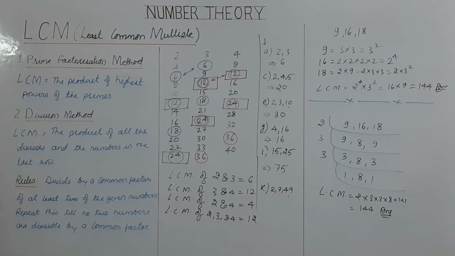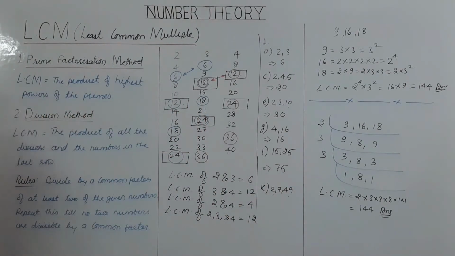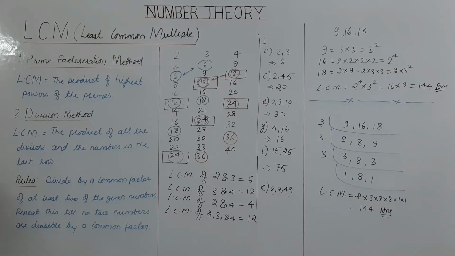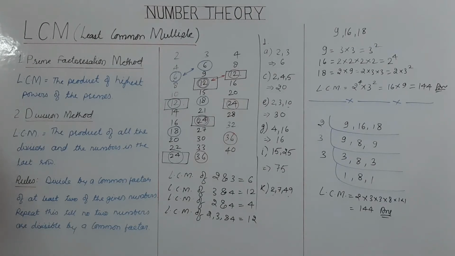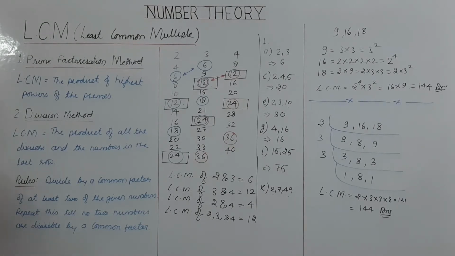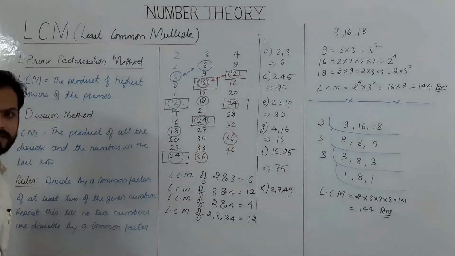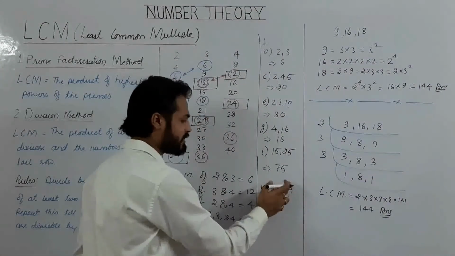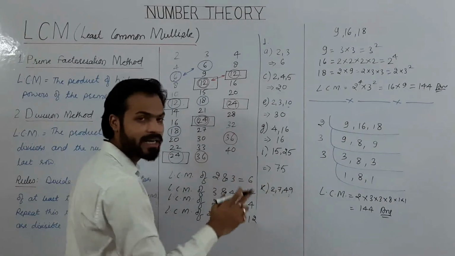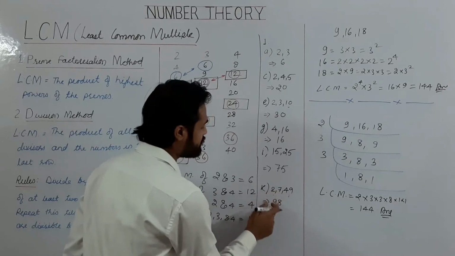So a number which is a multiple of 49 will be a multiple of 7 for all cases, and if that number becomes an even number, or if the multiple of 49 is an even number, then that number is also divisible by 2. So for 2, 7 and 49, next multiple of 49 is 49 into 2, 98. 98 is a multiple of 49. So 98 is also a multiple of 7, and 98 is an even number. So LCM of 49, 7 and 2 is 98.